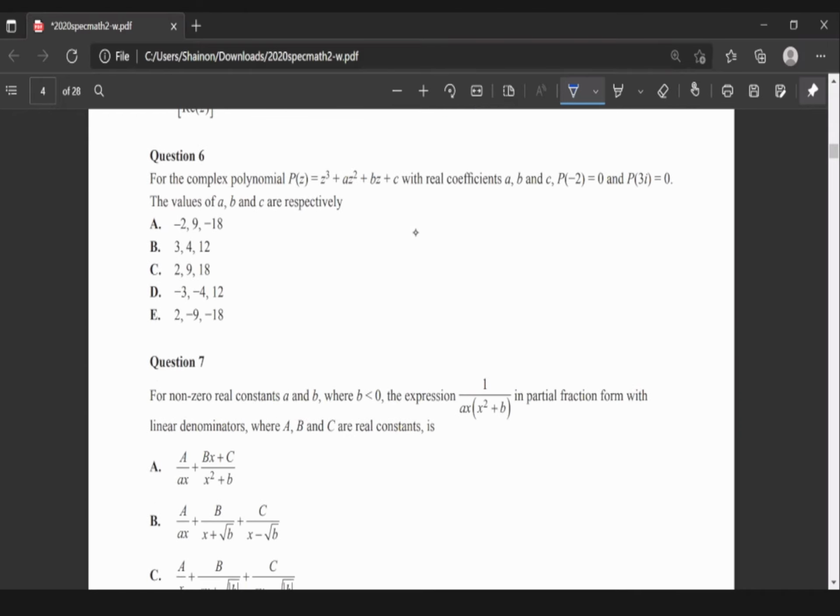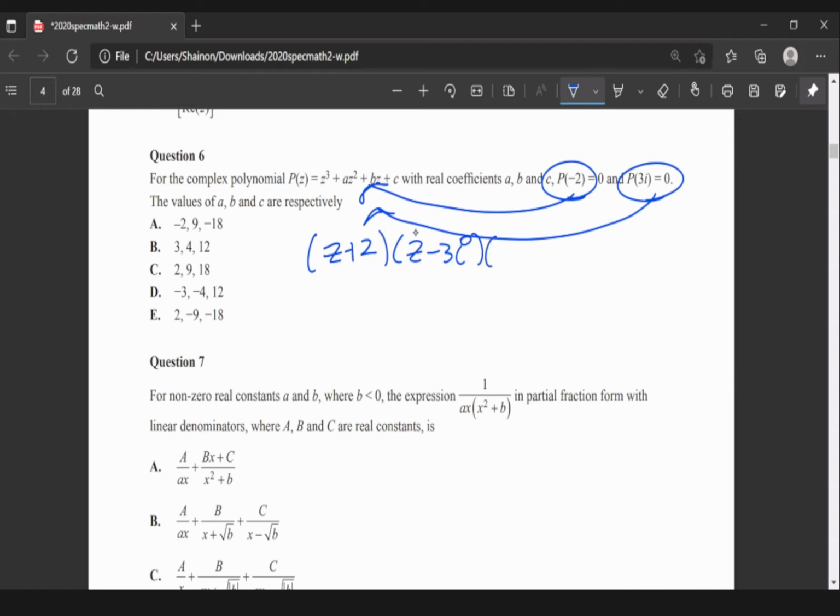6. With the rule p of -2 equals 0, you just sub in like this for here using your CAS, and you sub in this one as well, and then you should get a, b, and c. Should get z minus 3i and z plus 3i using the conjugate.